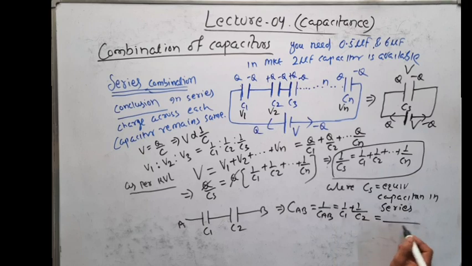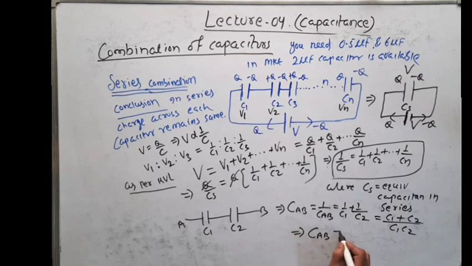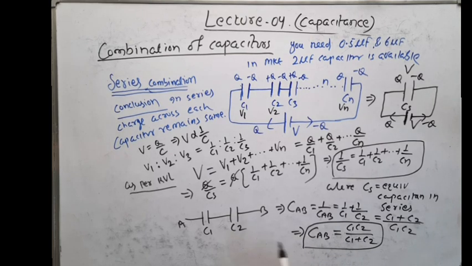So that is equal to C1 plus C2 over C1 C2, with LCM C1 C2. So from this I can write the equivalent capacitance is equal to, just taking the ratio, C1 C2 by C1 plus C2. When you solve numericals, particularly when there are two capacitors connected in series, you can directly write the equivalent capacitance is equal to C1 C2 by C1 plus C2.